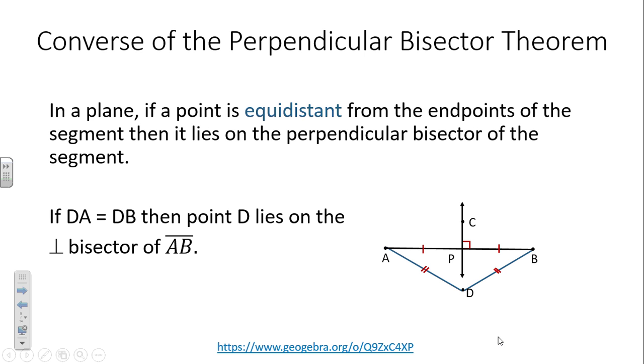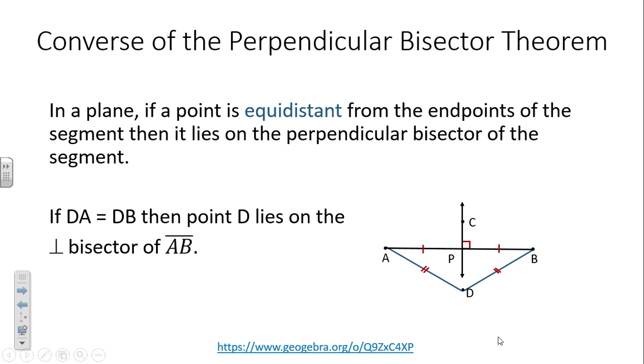You can decide if you want to write the top or the bottom or something of your own that makes sense to you. Okay? We're in the converse of the perpendicular bisector portion of our notes. And it says, in a plane, if a point is equidistant from the endpoints of a segment, then it has to lie on the perpendicular bisector of the segment.